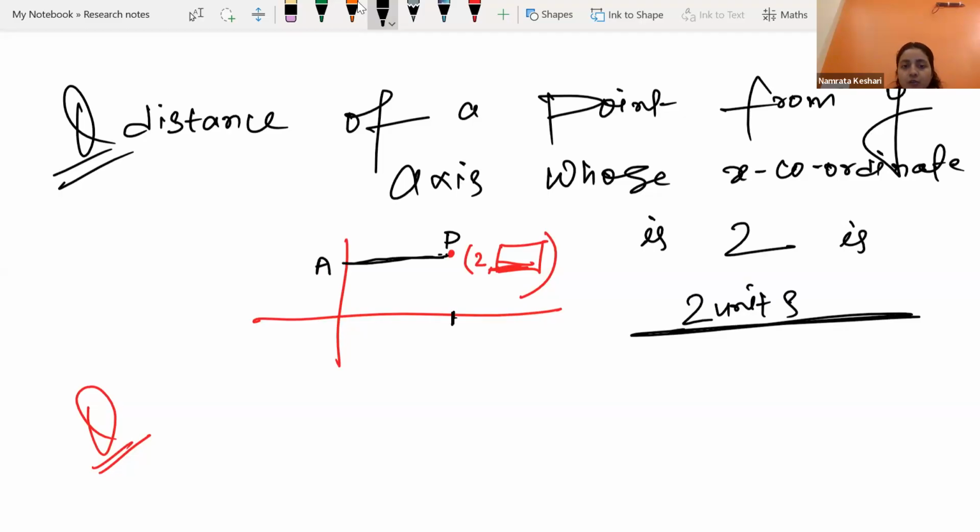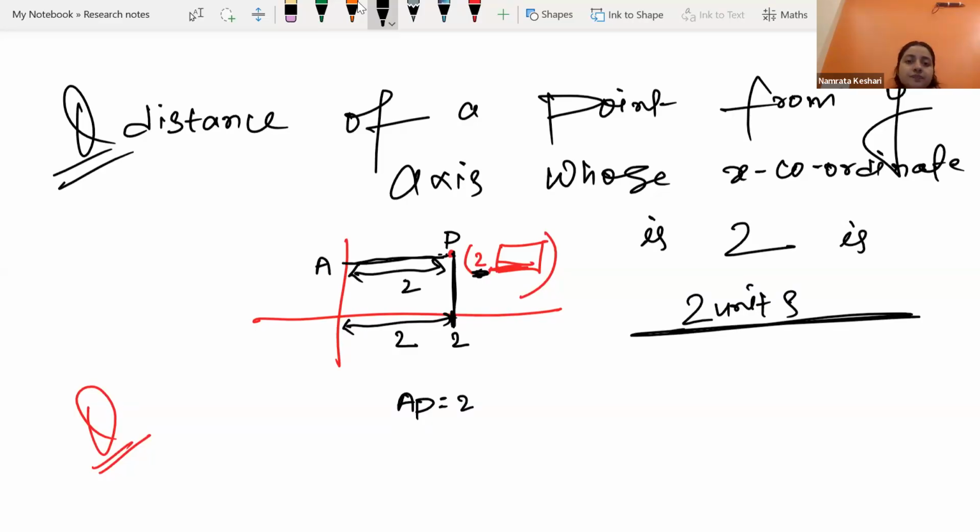Here 2 you are having because the x coordinate is 2. So basically you are having a rectangle over here like this. If this much is 2, that much is also 2, because you have dropped a perpendicular from P on the y-axis. Getting it, AP will be 2 units because our x coordinate is 2.